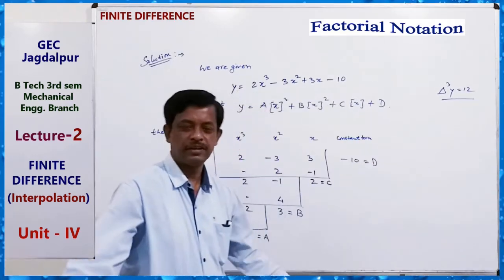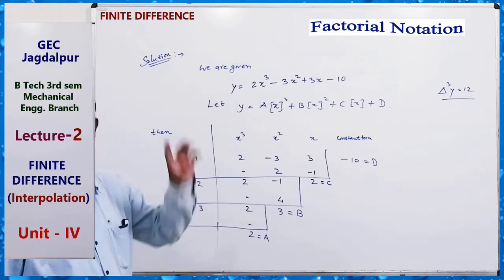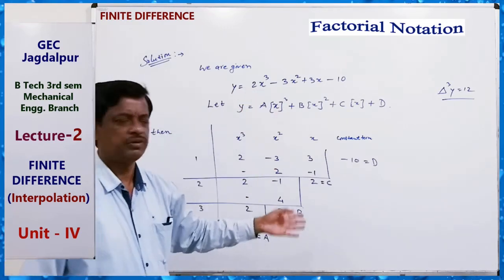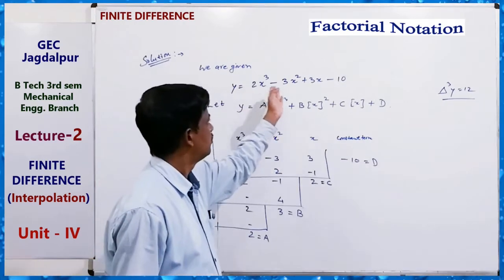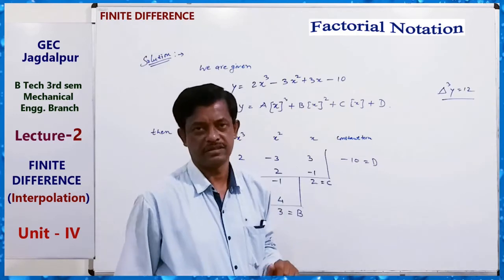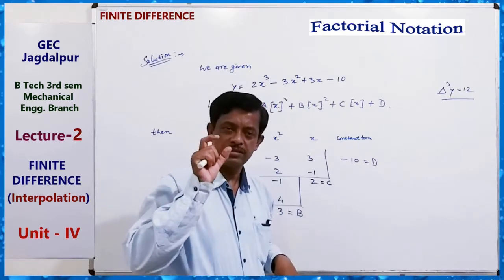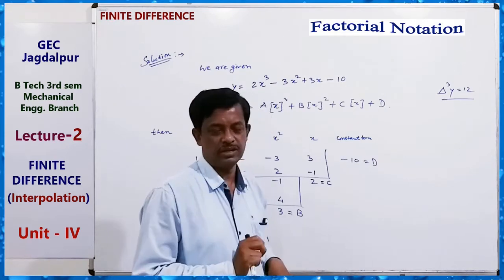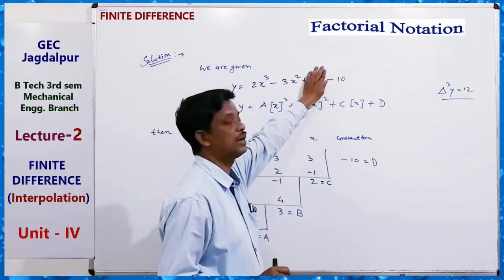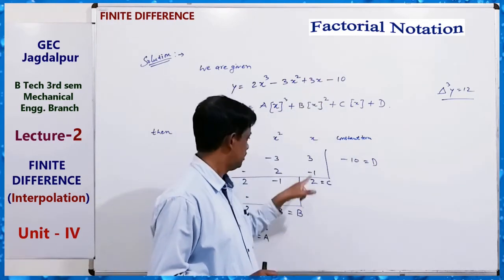Clear? The process is what? First of all, write the 4-degree polynomial, 5-degree polynomial, any polynomial. First of all, write the polynomial as a descending power of x. If there is some term missing, then just supply 0 as coefficient. Suppose the x term is missing, then just write 0 into x, and 0 will be here.